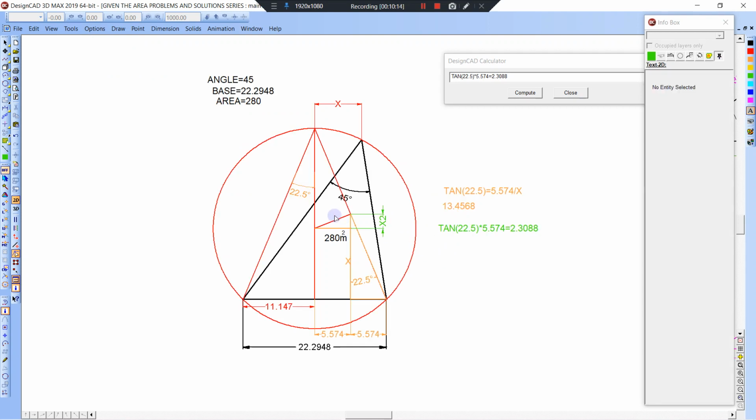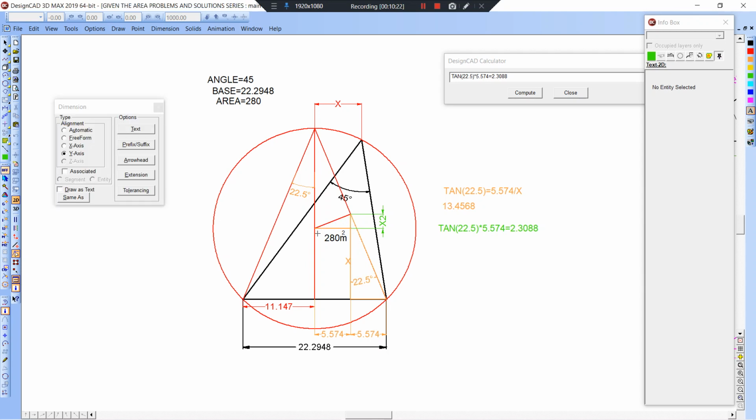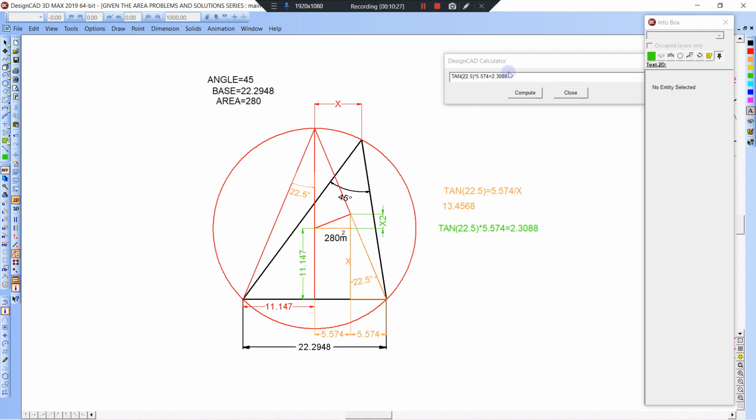So we got that. Now we have this height minus this height, give us this height, right? So minus that, so we end up with 13.4568 minus 2.308 or 39.